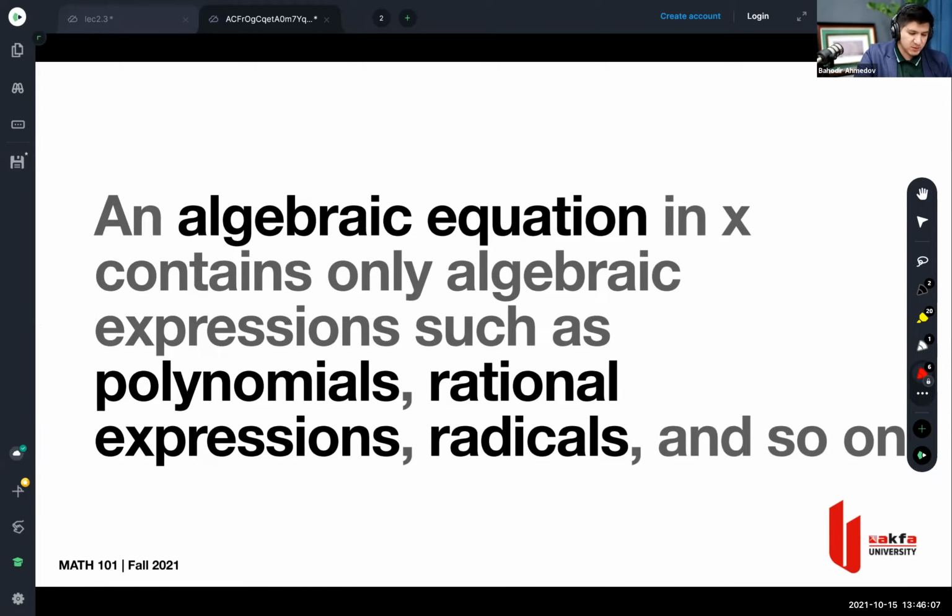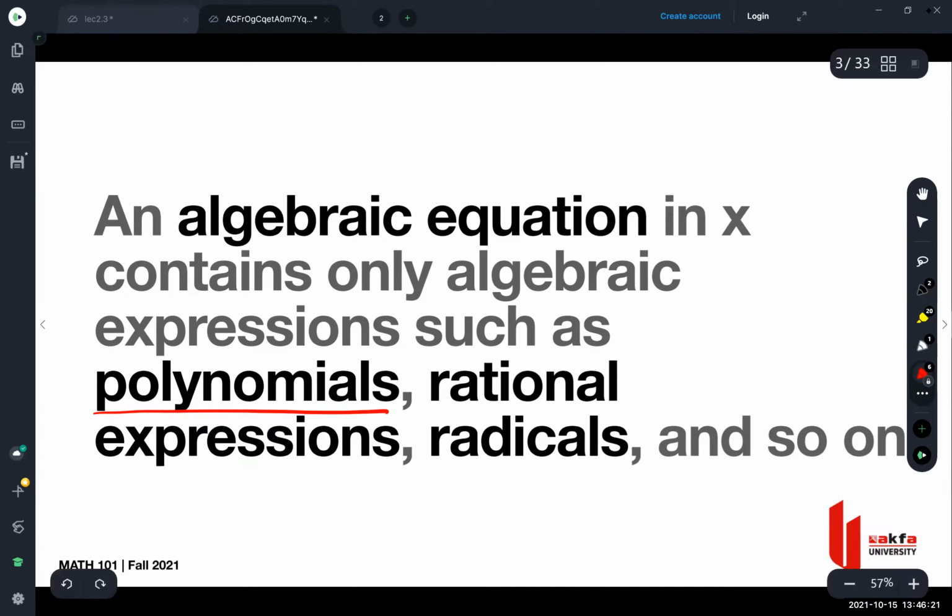Oh, by the way, let me ask you, what is a polynomial? Don't know, Professor. Okay, for example, if I say 2x squared plus 3x plus 9 is equal to 0, is it a polynomial?